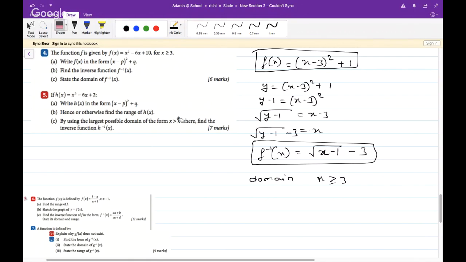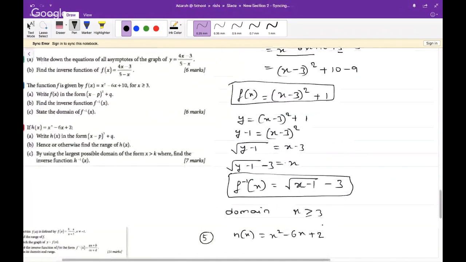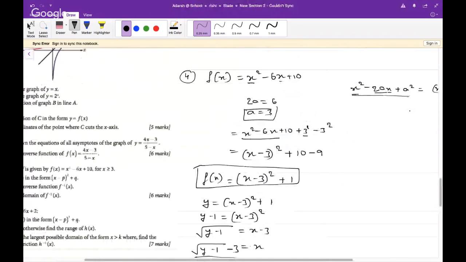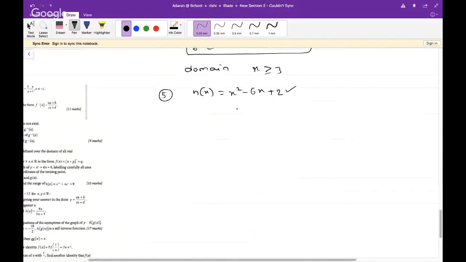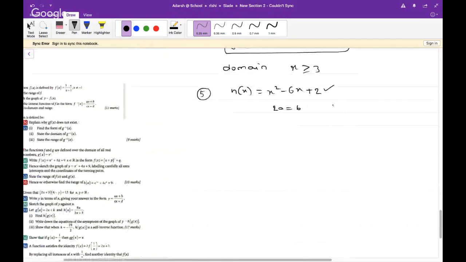Next, now h of x is equal to x squared minus 6x plus 2. Again the same logic. Compare this equation with this one. 2a happens to be 6, so a is 3.